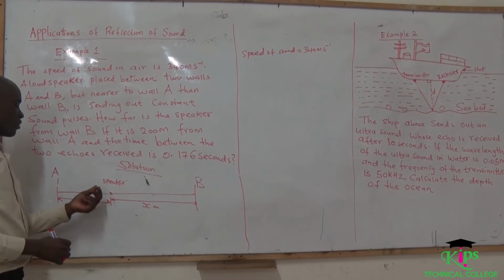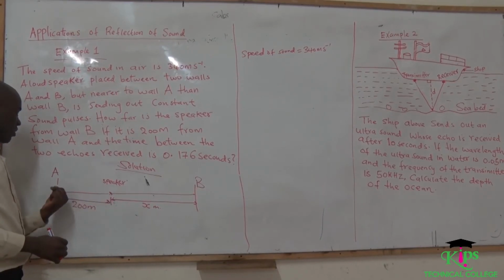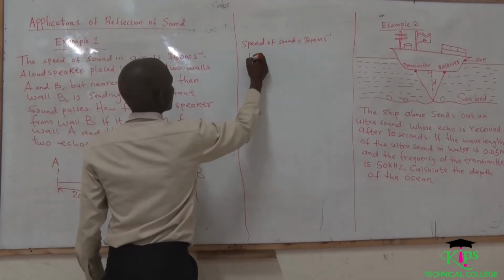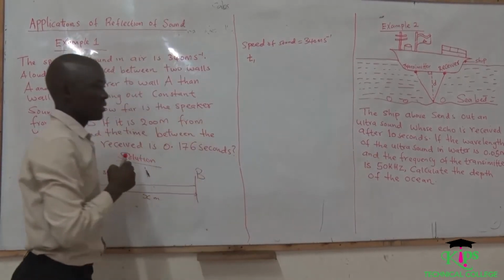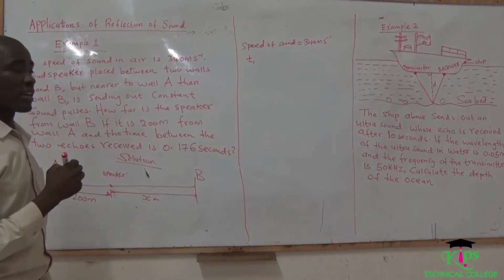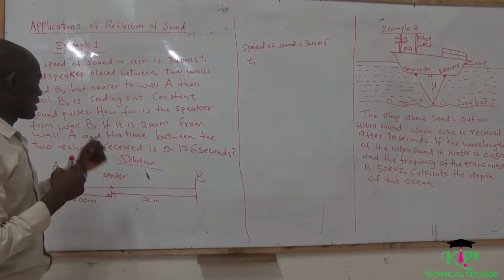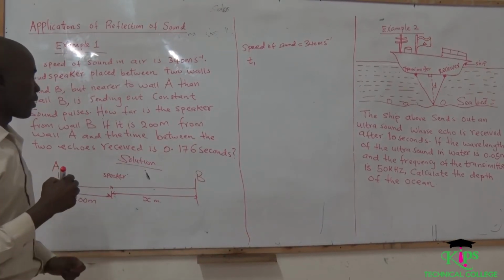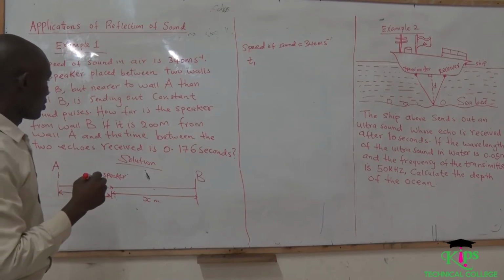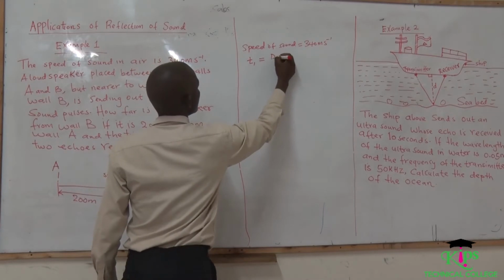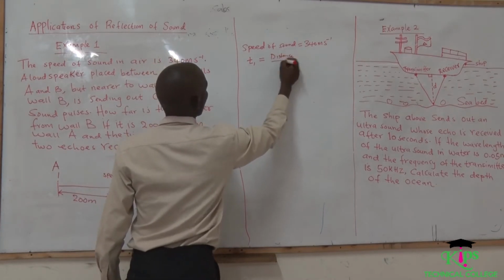Remember, the time will be equal to the time it takes to move to wall A, then back. Let time 1 be the time it takes for an echo from wall A to be heard at this particular point. That time is given by distance over speed.